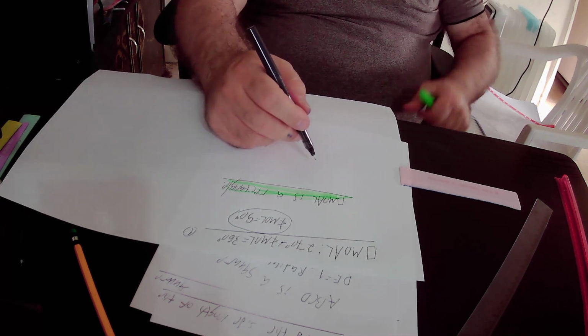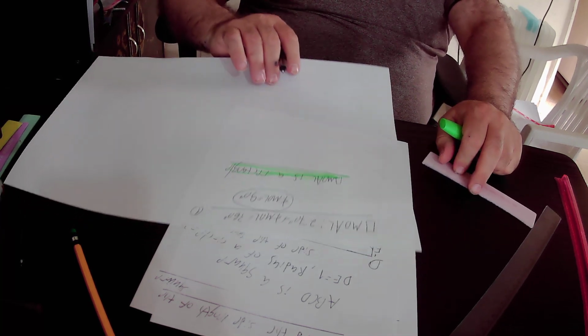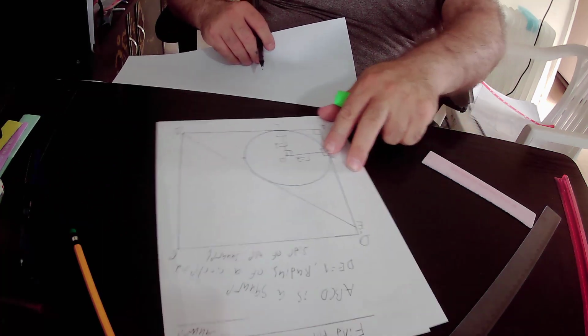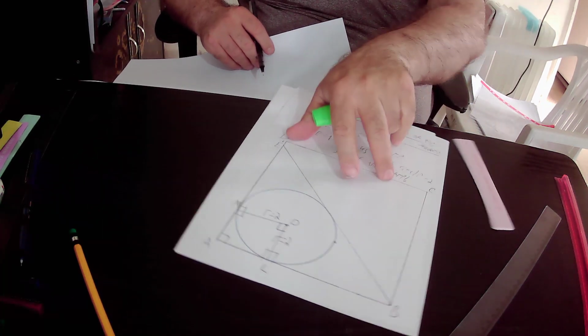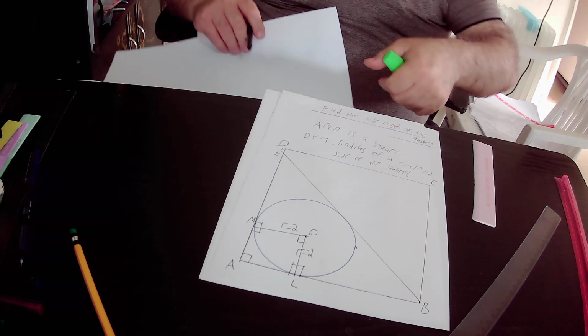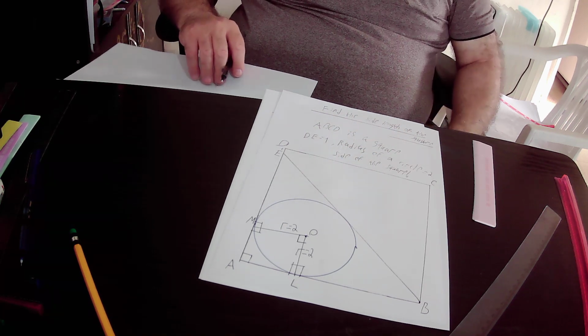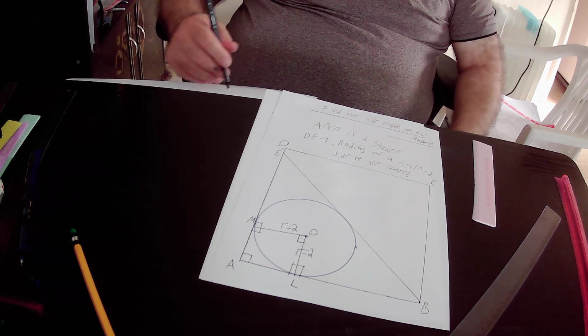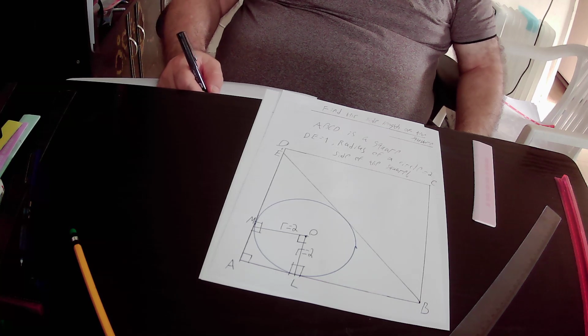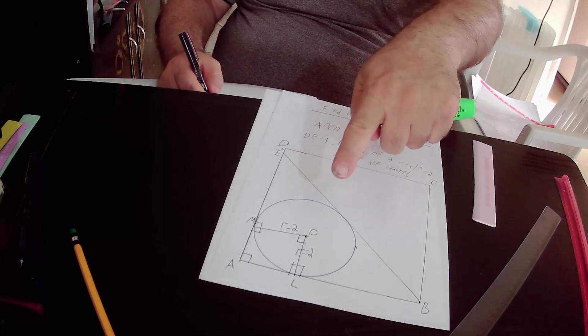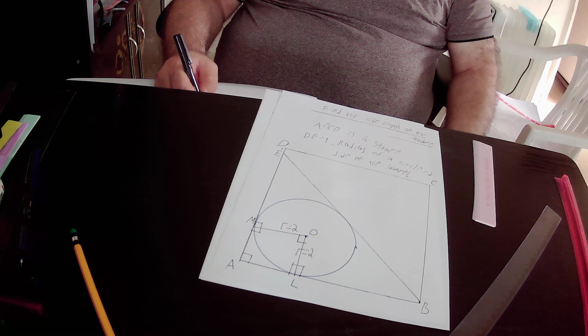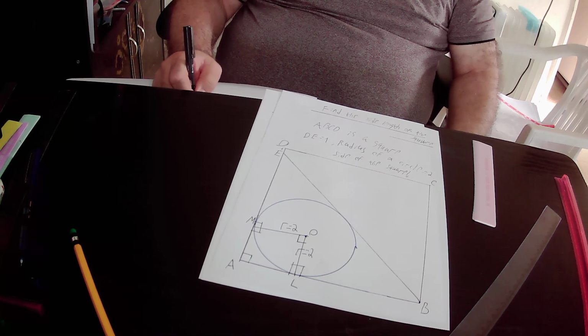And we know that the opposite sides of a rectangle are equal to each other. So in rectangle MOAL, according to the rule that the opposite sides of a rectangle are equal to each other, we get that MO must be equal to AL.